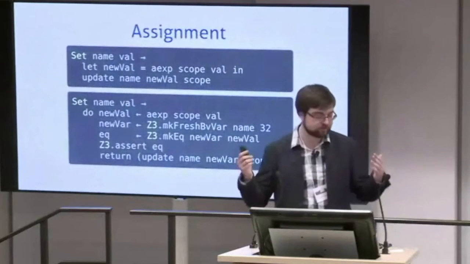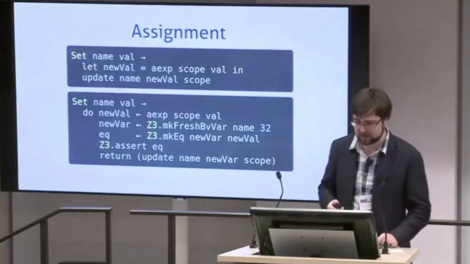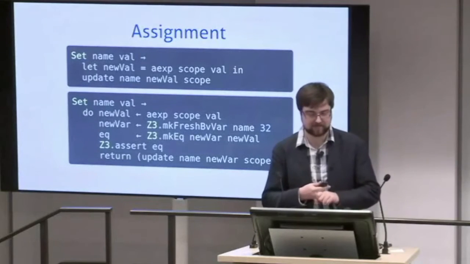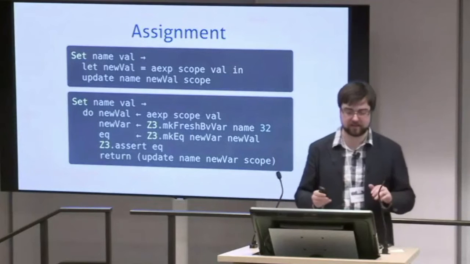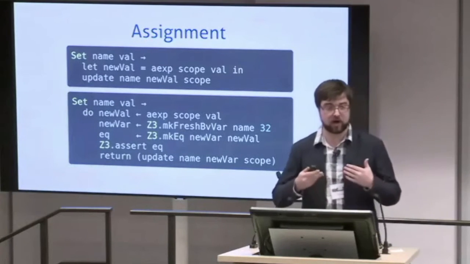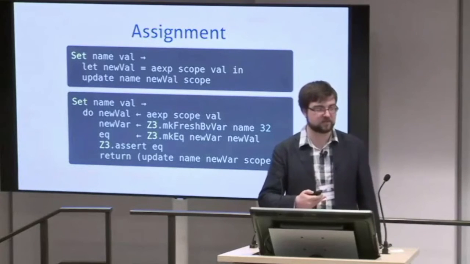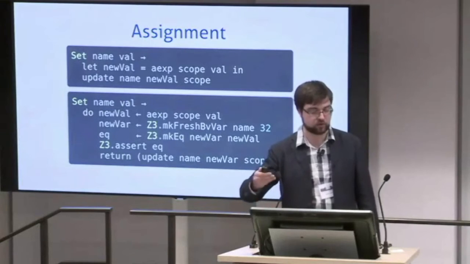Okay, and so in the interpreter, all we do is we update the scope. In the formula compiler, it's a little bit more complicated because we're only really maintaining the scope for our own use. So we also have to create a new variable in Z3 and add the new assertion.